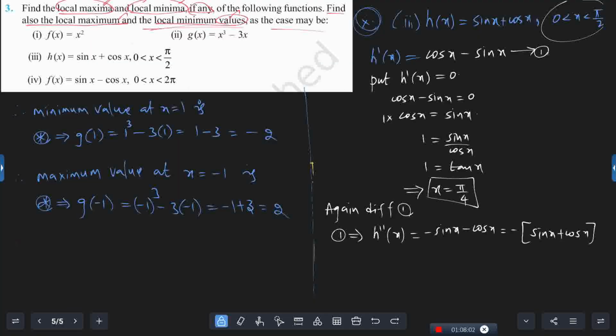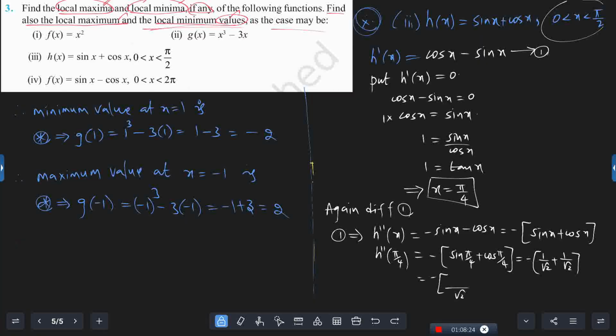Have you noticed it? Minus, h double dash of x at pi by 4: sin pi by 4 plus cos pi by 4. Sin pi by 4 is 1 by root 2 plus cos pi by 4 also 1 by root 2. Minus, let it be outside.